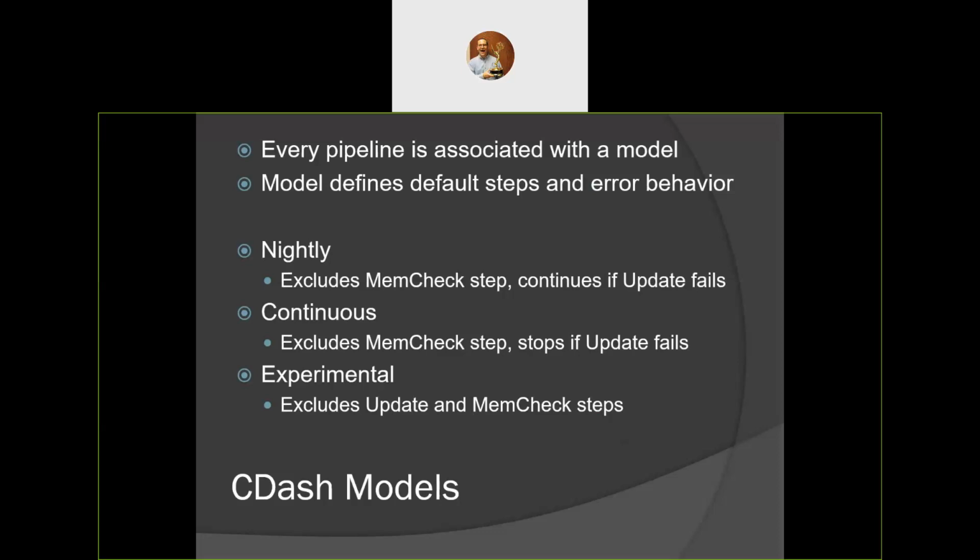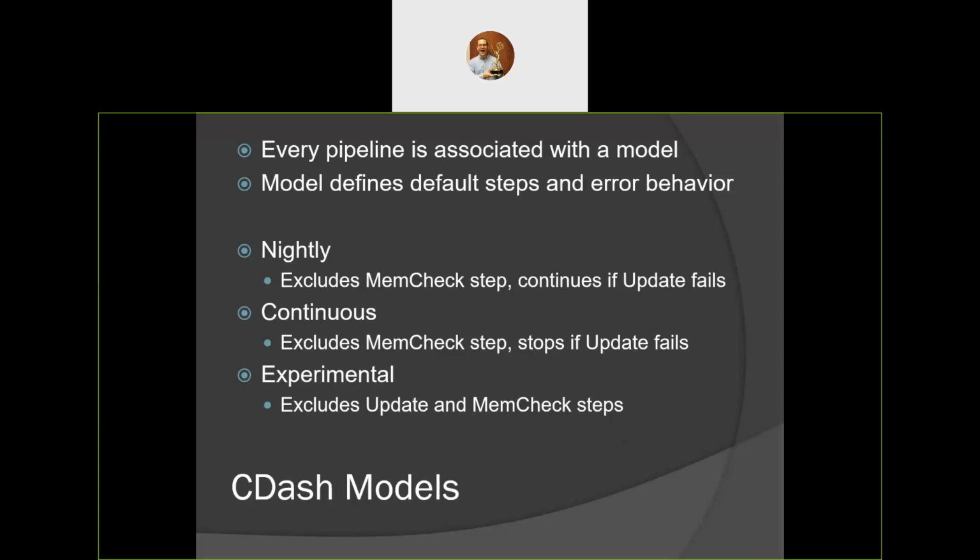There are three models that CDash understands: nightly, continuous, and experimental. These are the default configurations of these models. You can configure them, obviously. In these default configurations, the memcheck steps are not run in any of them. So if you want to do the memcheck, you have to have some way to configure it so you change it from the default configuration.